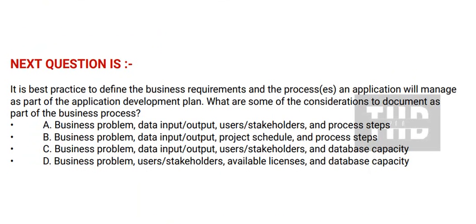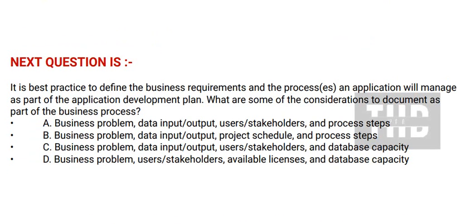Next question is, it is best practice to define the business requirements and process an application will manage as part of the application development plan. What are some of the considerations to document as part of the business process? Option A, business problem, data input output, users stakeholders, and process steps. Option B, business problem, data input output, project schedule, and process steps.